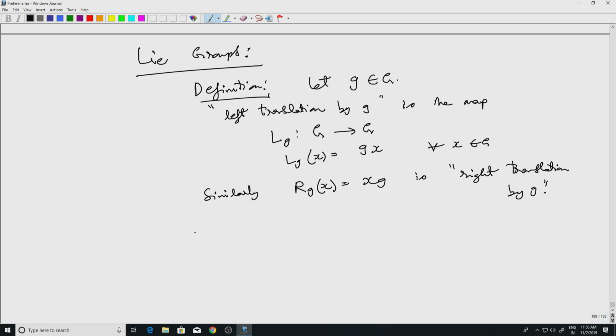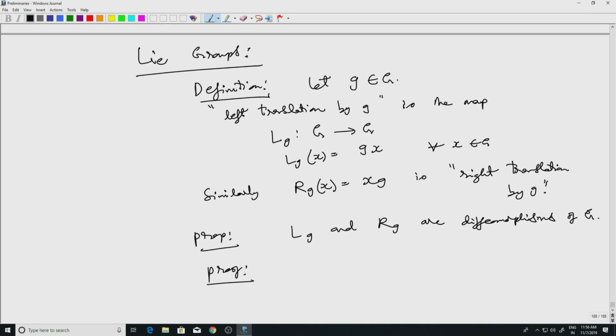The first thing to note is that L_g and R_g are diffeomorphisms of G. And this is clear because, for L_g, for instance, the proof for R_g is the same as the proof for L_g, so consider just left translations.